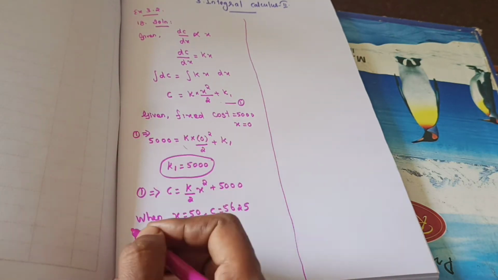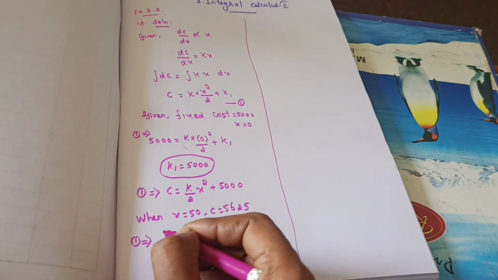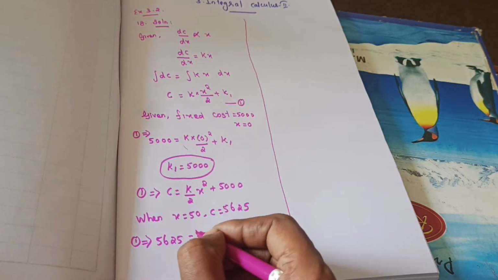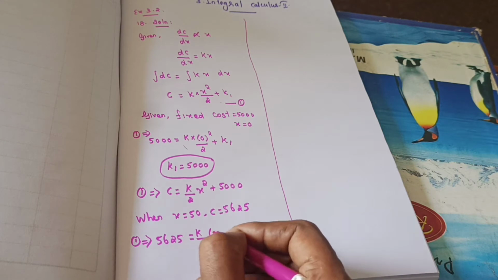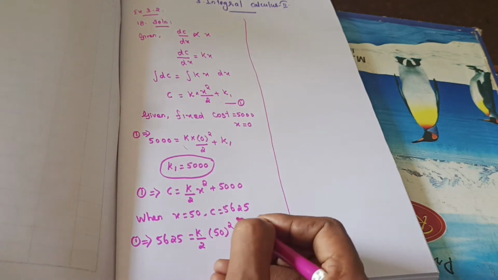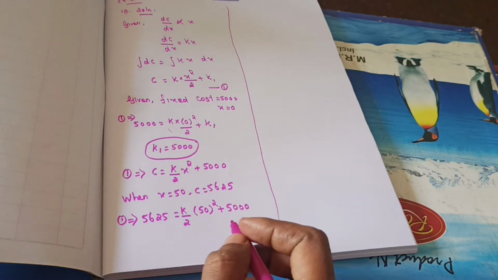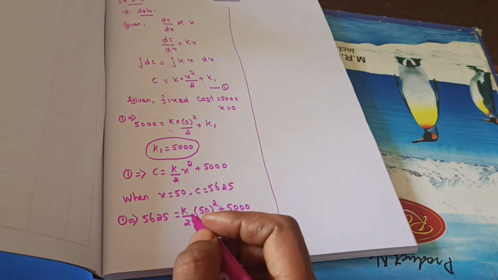Now apply this value in equation number 1. So 5625 is equal to k by 2 into 50 square plus 5,000. Simplify and find out the k value.